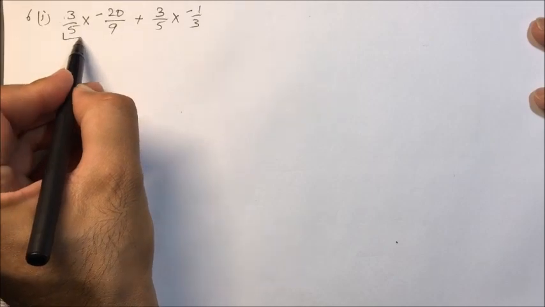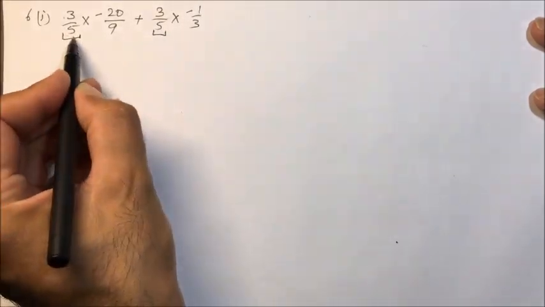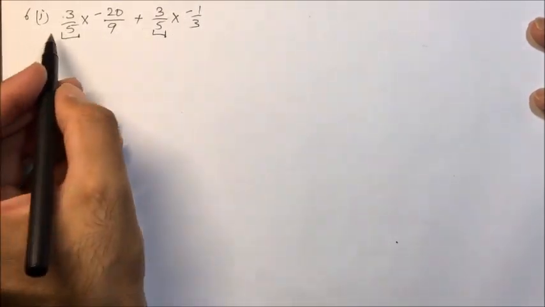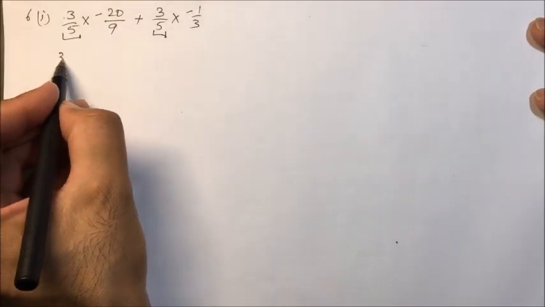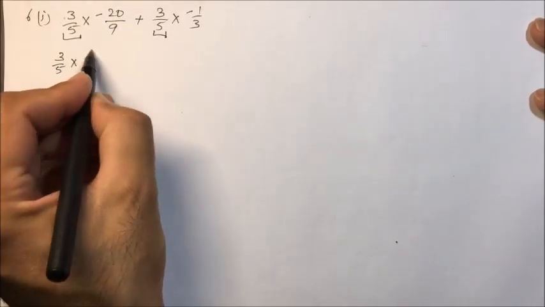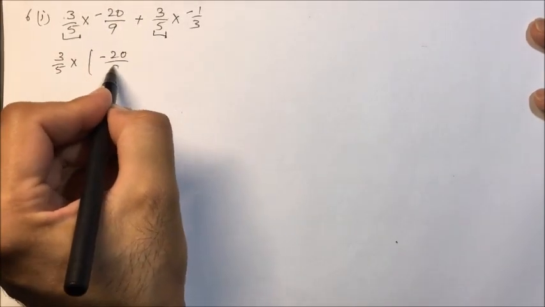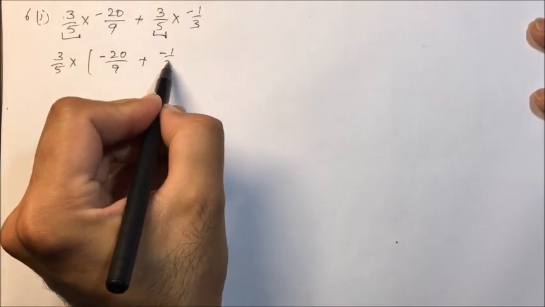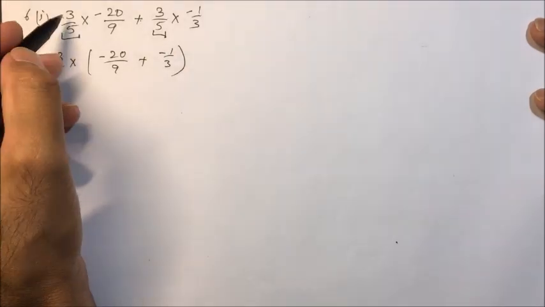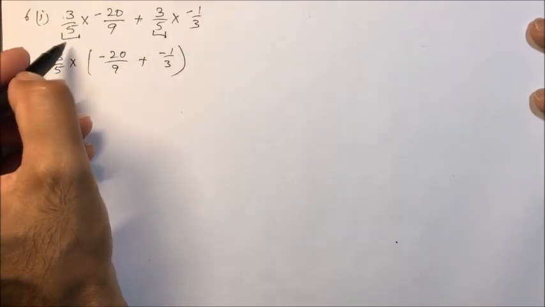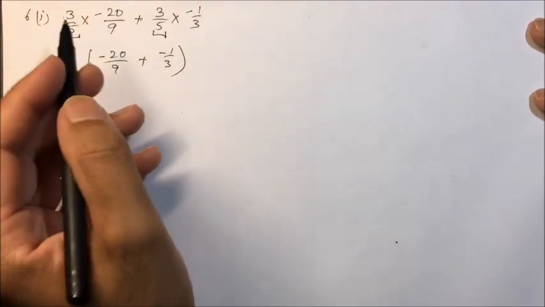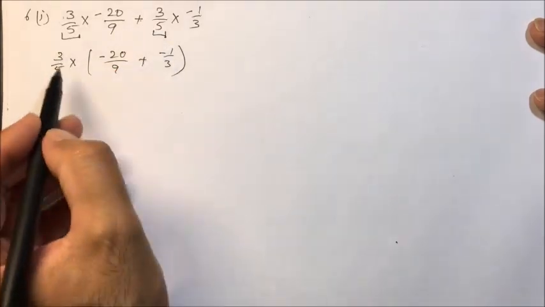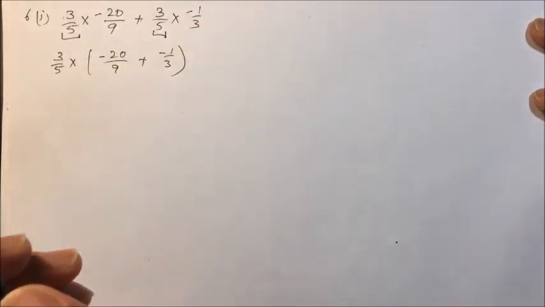So we can see these are the same rational number, so we can take it out as common. 3 by 5 into (minus 20 upon 9 plus minus 1 by 3). We can as well check 3 by 5 if we distribute it again: 3 by 5 into minus 20 upon 9 plus 3 by 5 into minus 1 upon 3.